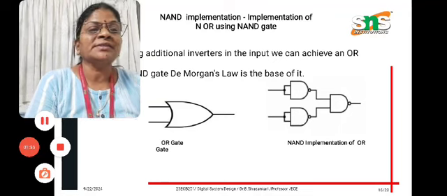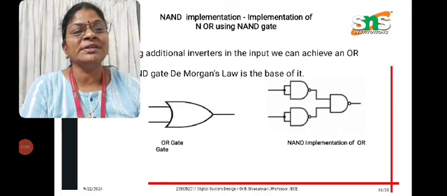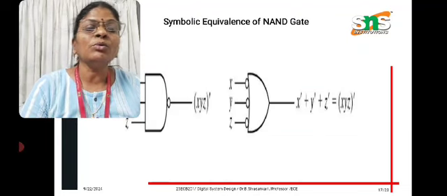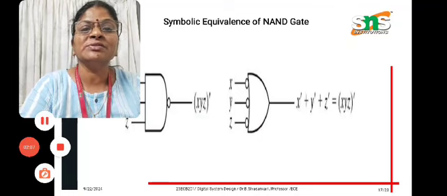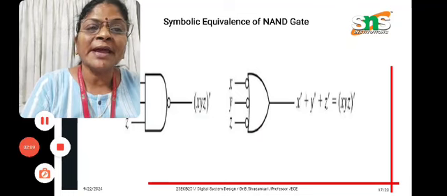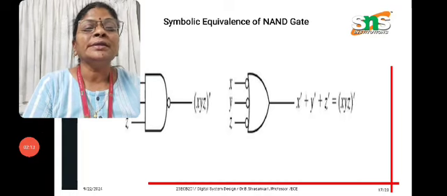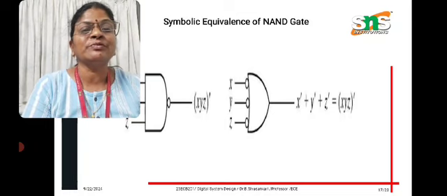The equivalent of the OR gate is said to be the NAND implementation of OR. So we have certain equivalents for each gate, equivalent symbols of each gate. For NAND, we can replace an OR gate with inverters at the input so that the same output will be received in both gates.